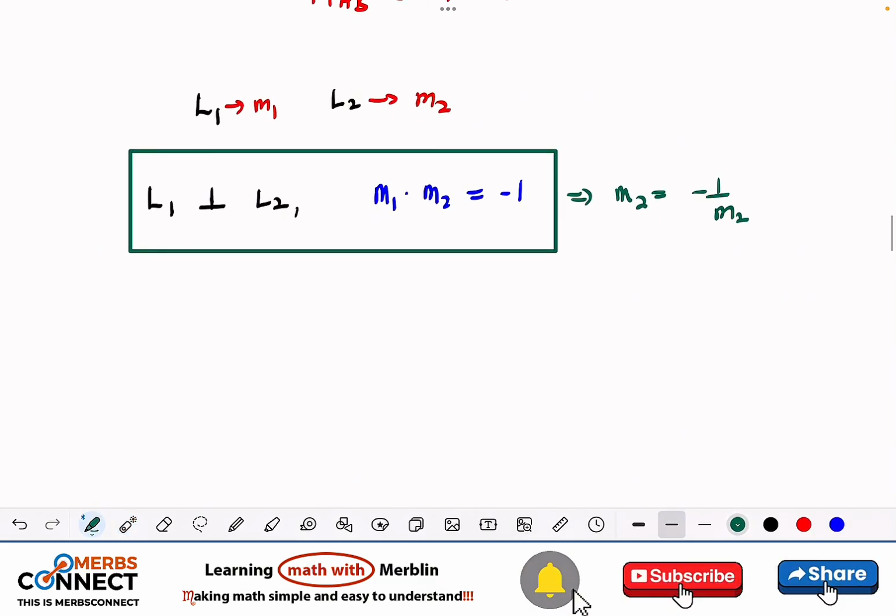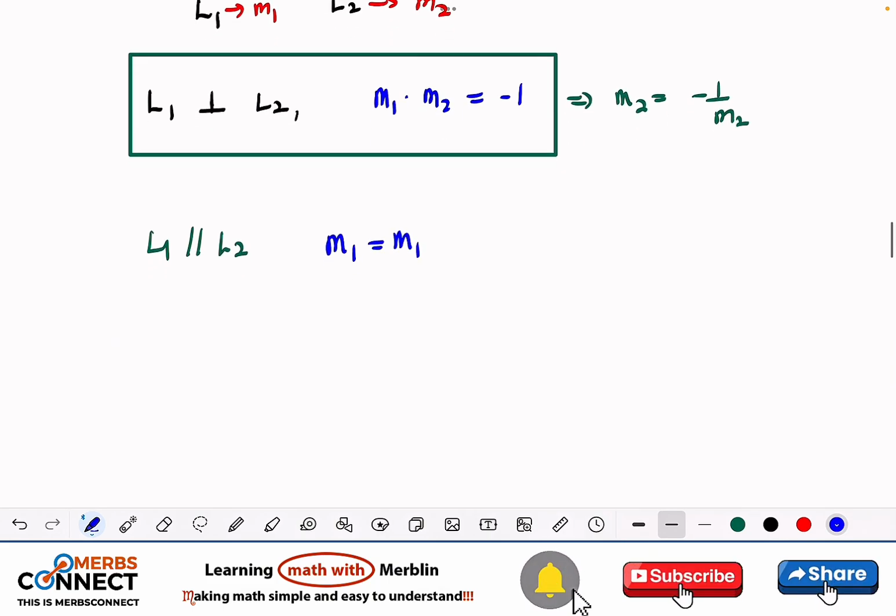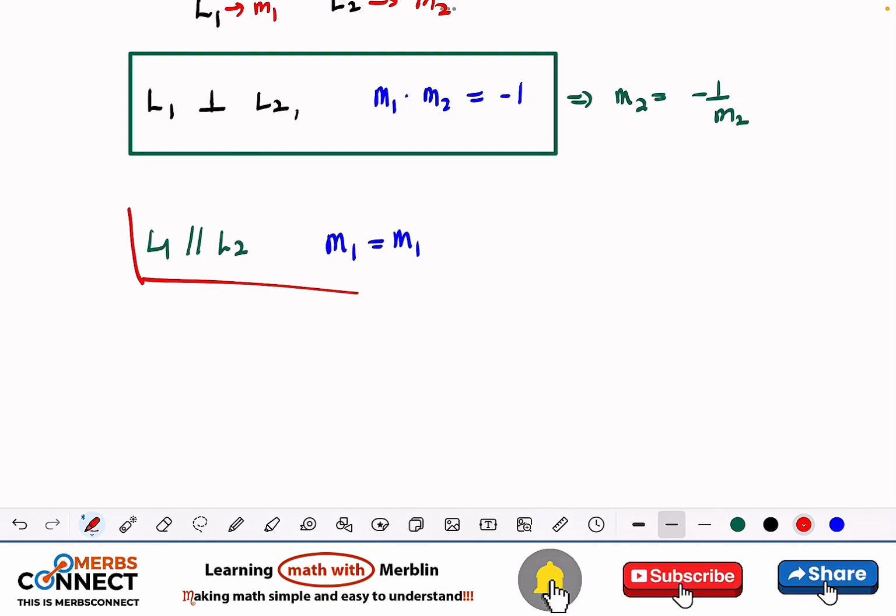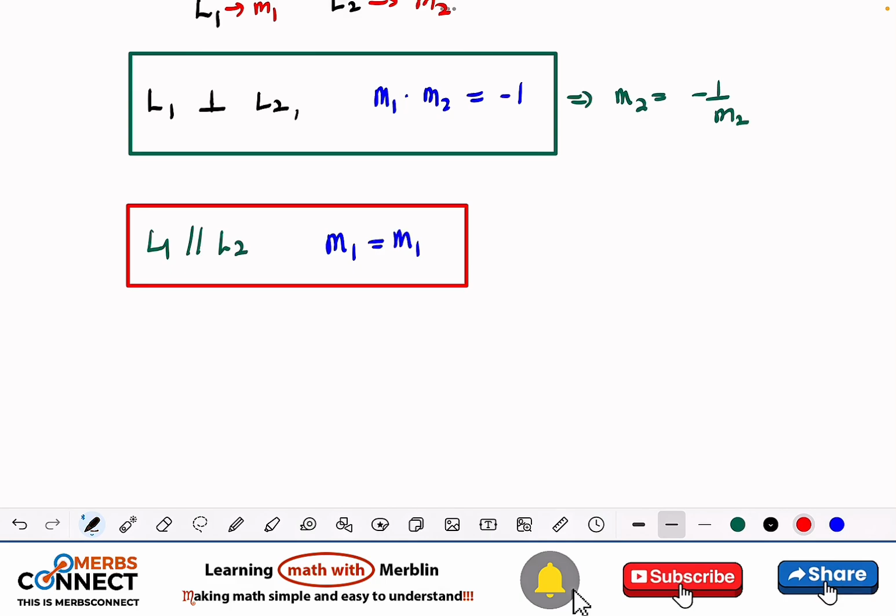Then we can talk about when the lines are parallel to each other. So this one is parallel to this. Then it means that the slopes between them are the same, right? So we have two lines. So another important thing that you also need to learn here is when two lines are perpendicular.